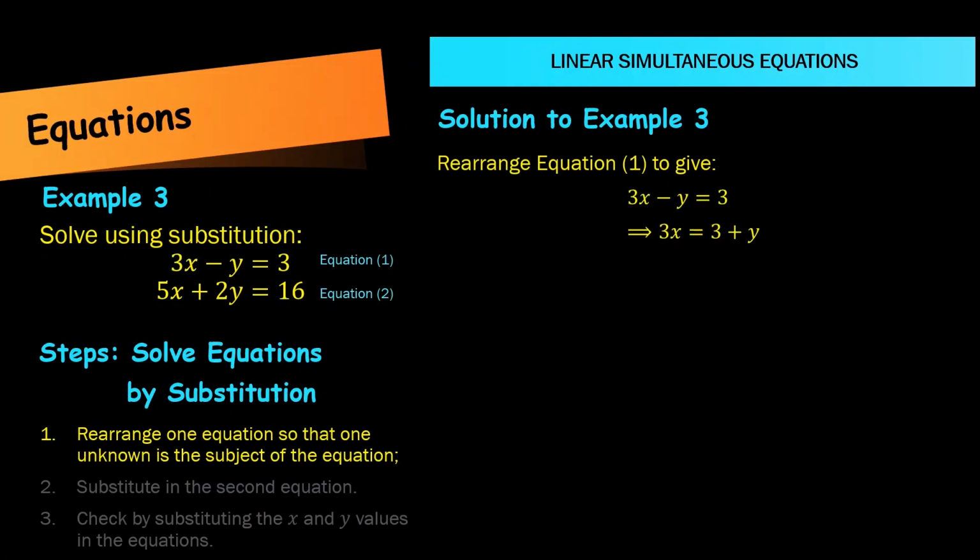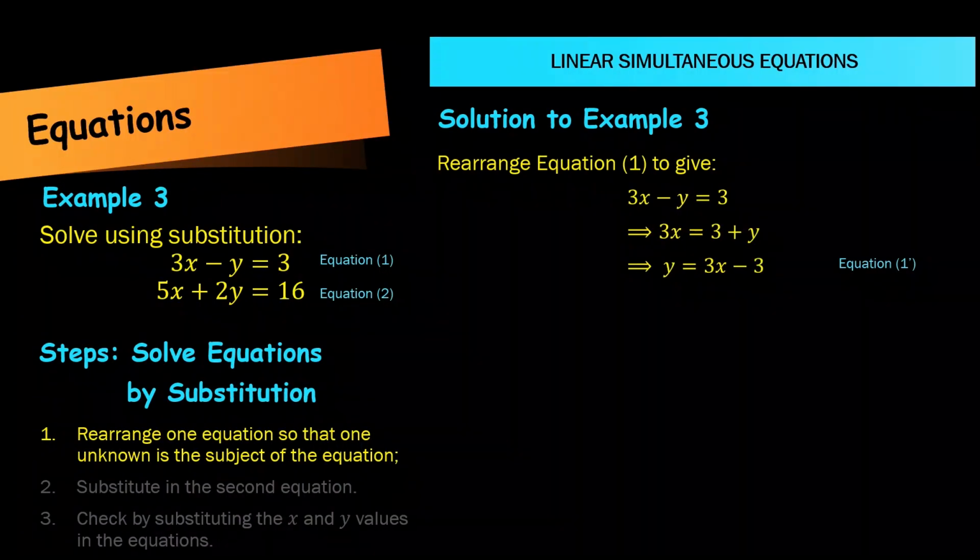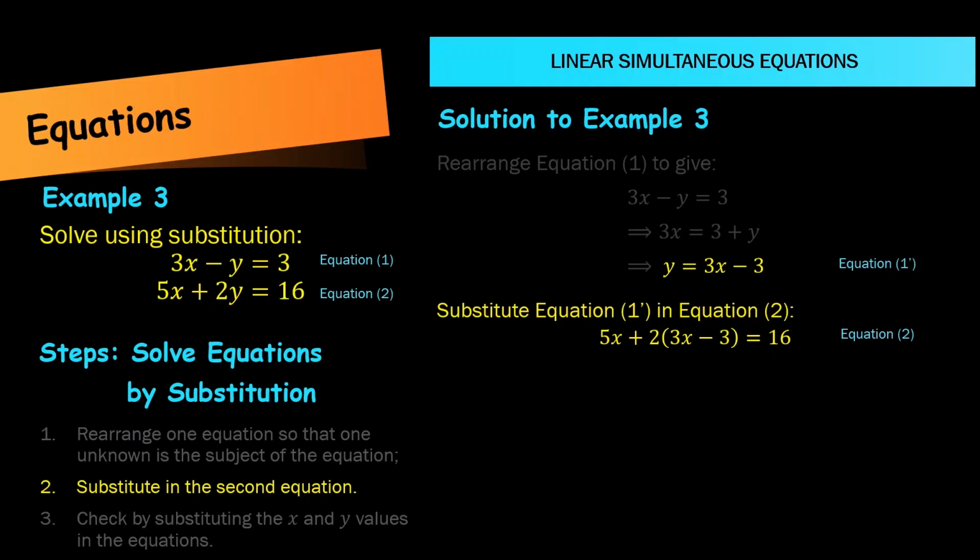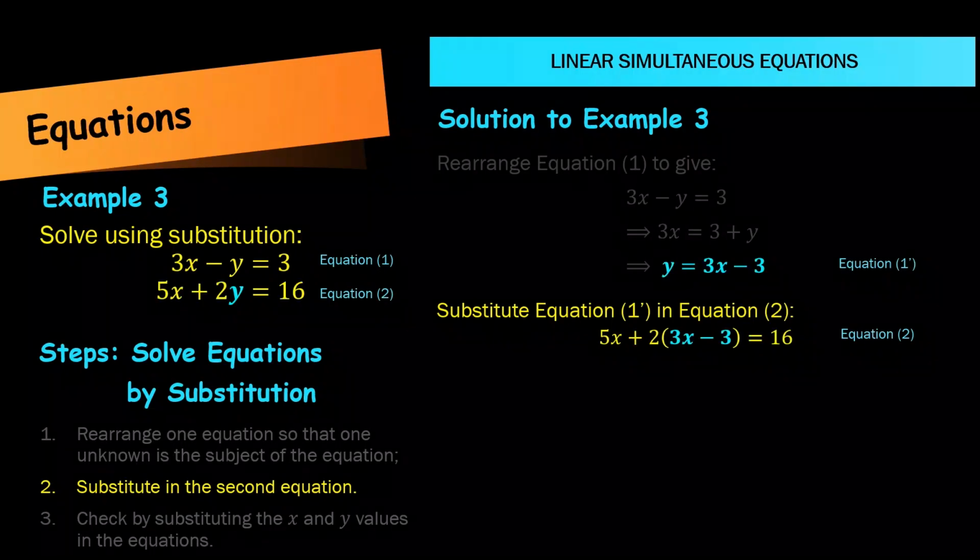So let's rearrange. First we're going to make y positive, so we add y to both sides. Next we subtract 3 so that y is isolated on one side. And now we substitute equation 1' in equation 2 as shown.